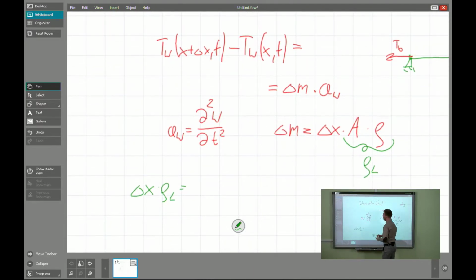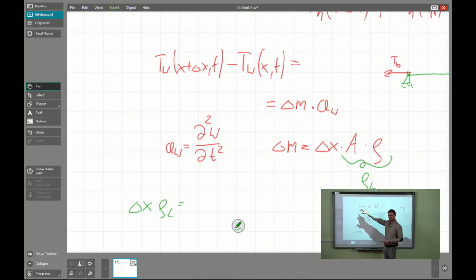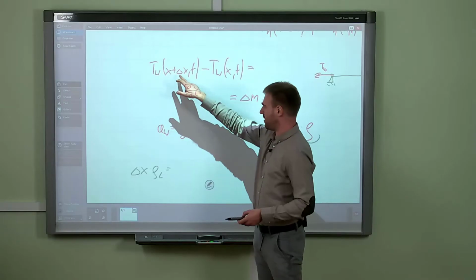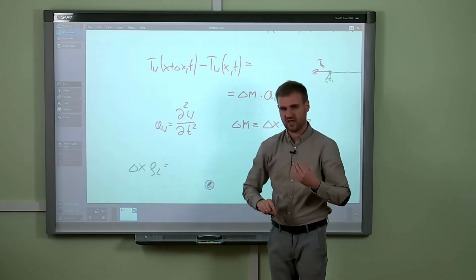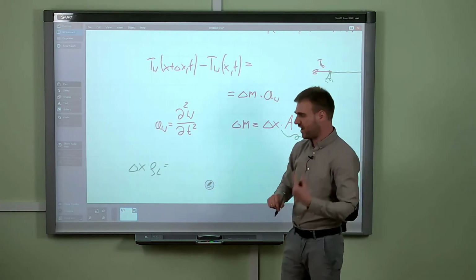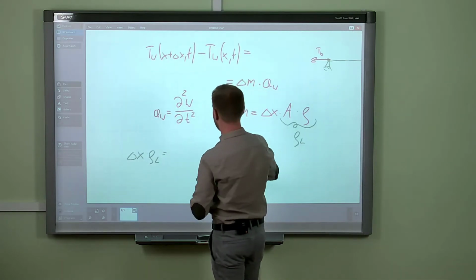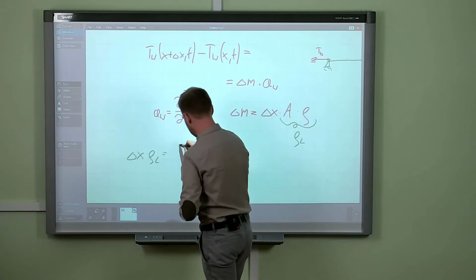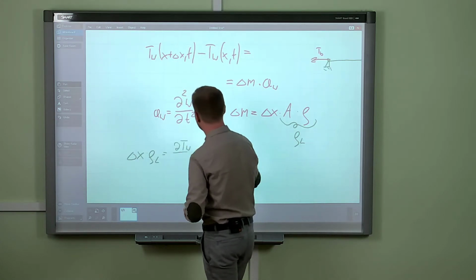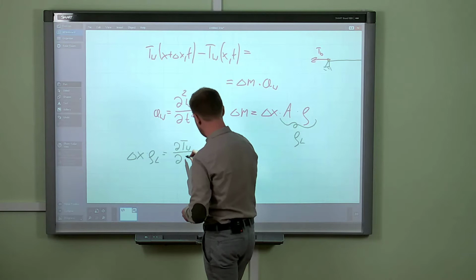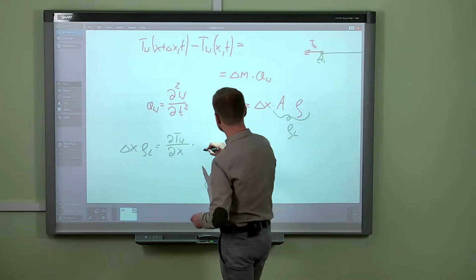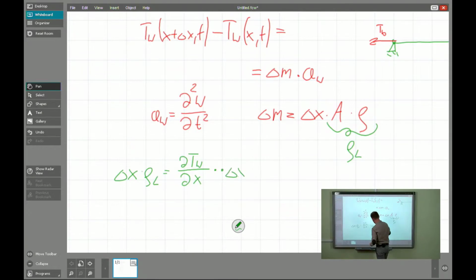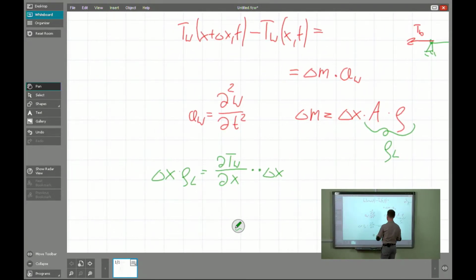And now we have to deal with the Tw. Firstly, we see the difference between the Tw at the point x plus dx and at the point x. We see that it's a differential of the function Tw. I mean, we are able to express that as the first derivative of Tw with respect to x times delta x. Oh, of course, I forgot about the acceleration.